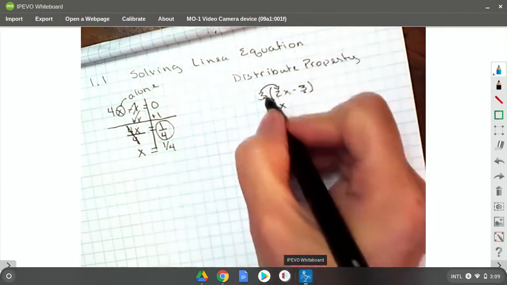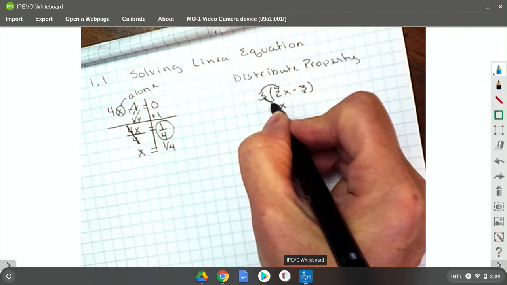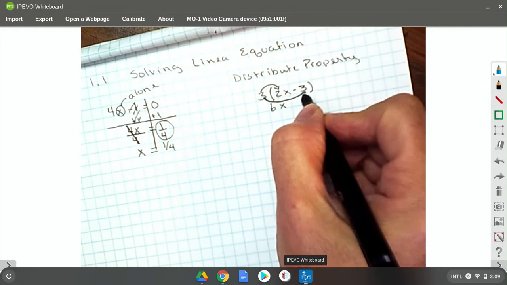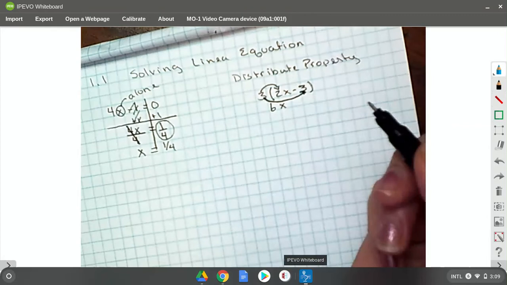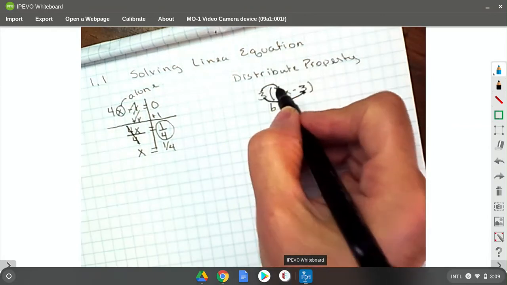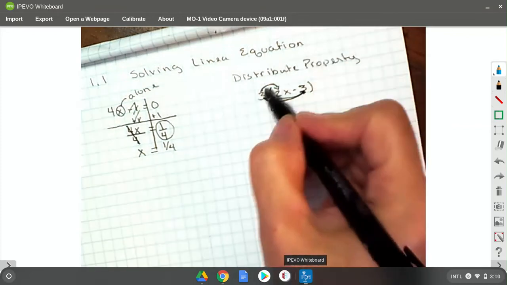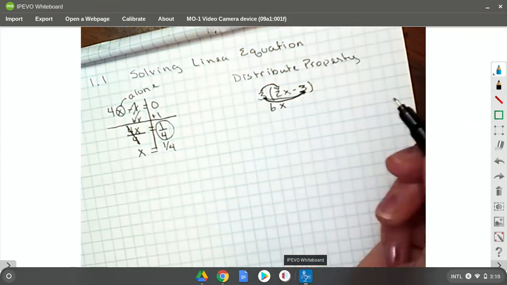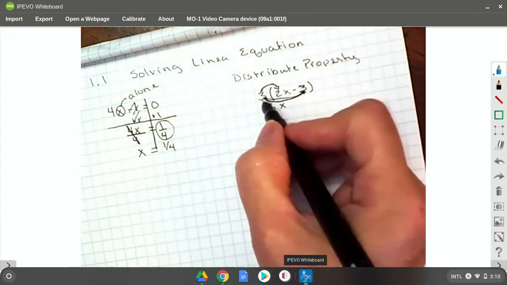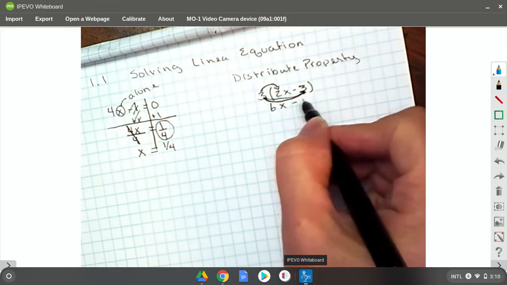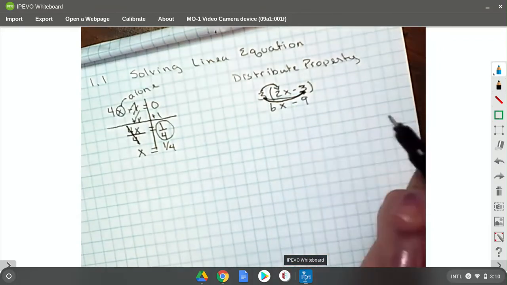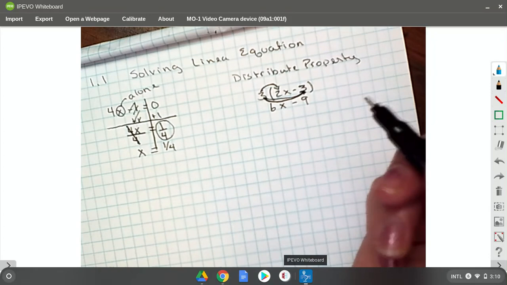And one of the things that I teach my students to help them remember to get both is I say it's a wink and a smile, hitting both. Wink to the first one, smile to the second, and do not forget to smile. 3 times a negative 3 is a negative 9. So that's distributing.